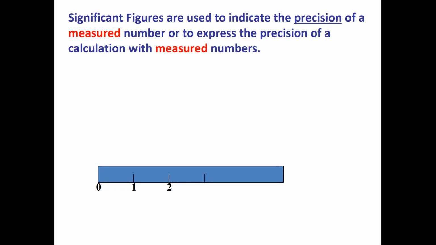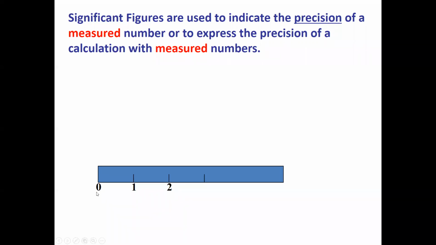So significant figures are used to indicate the precision of a measured number or to express the precision of a calculation with measured numbers. So once again, we're going to start off just by identifying how many sig figs the number has, but really it becomes important when we start using them in calculations.